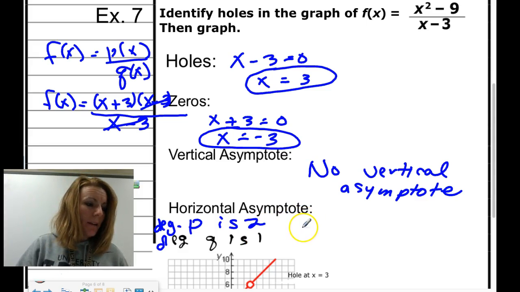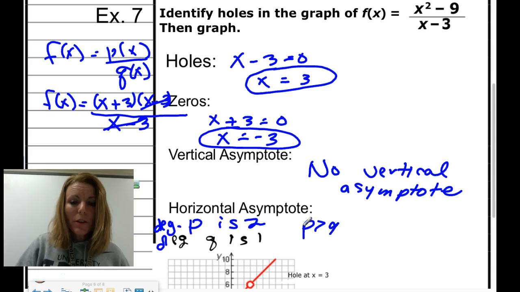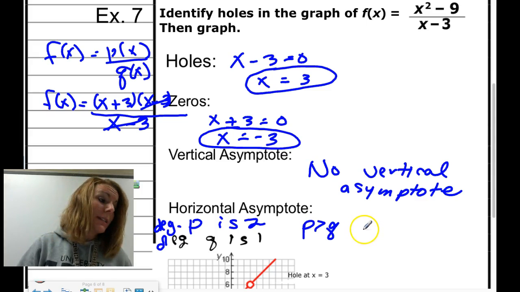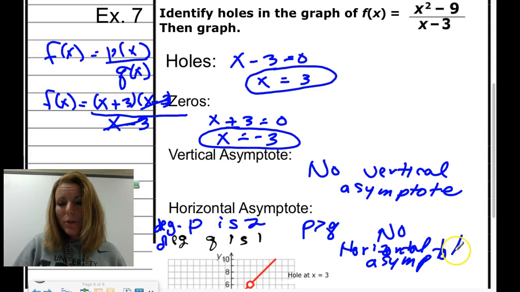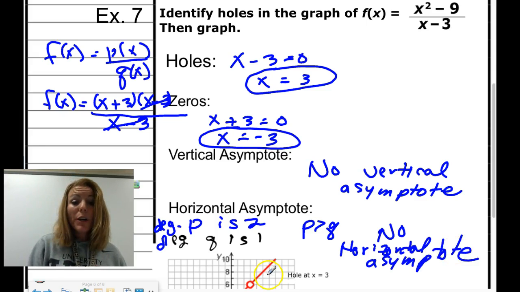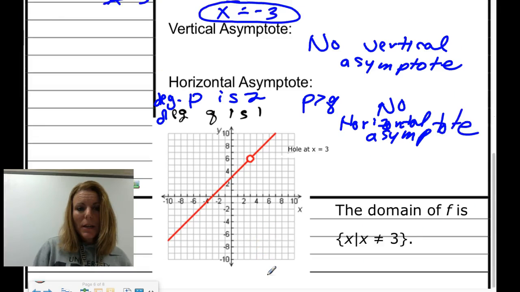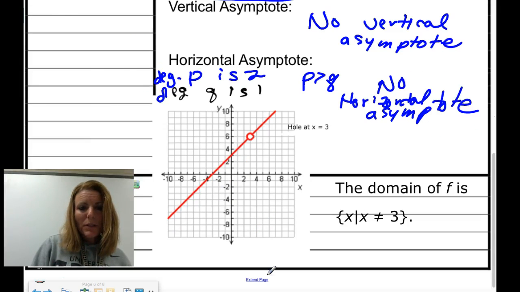So again, P is greater than Q. We'll do one in class where it's not going to happen like this. I promise you, there is no horizontal asymptote, and this video is getting way too long. We are done with that. Okay, we're going to talk about the rest of that in class.